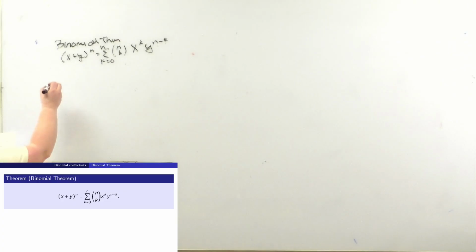On the left-hand side, we have x plus y to the n. And for example, if this was squared, we'd get x squared plus 2xy plus y squared. I'm going to do that example actually for fun.